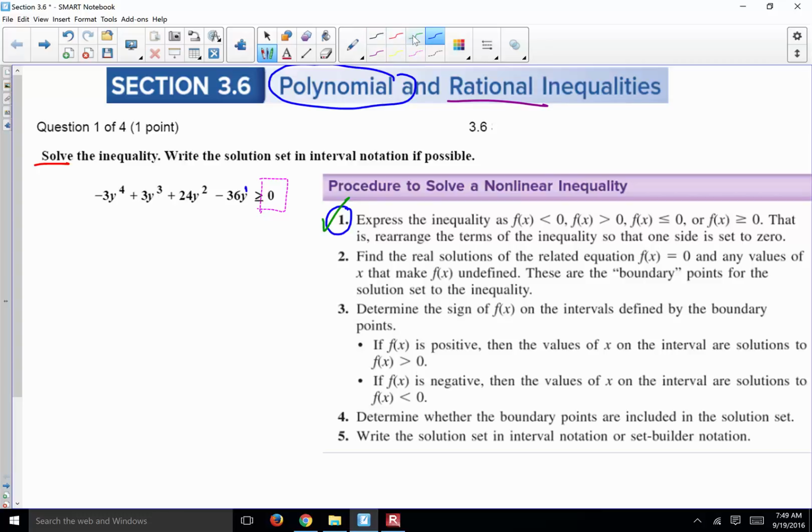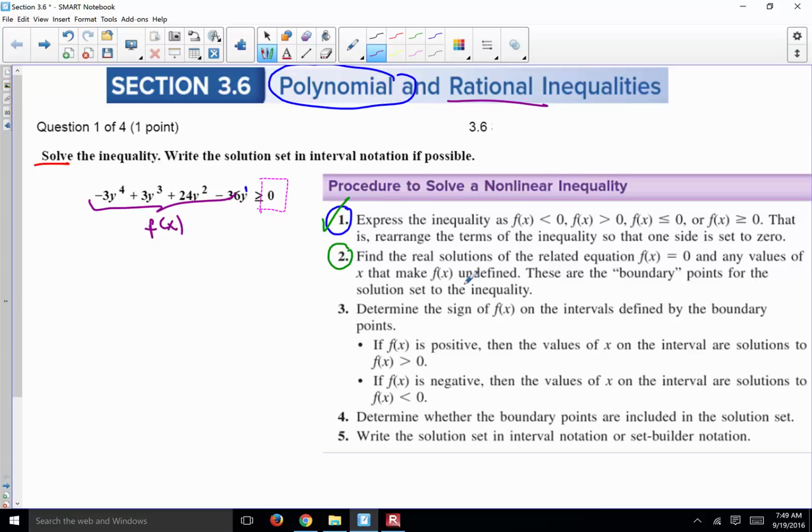Now, step 2 is, although it doesn't give us much detail, we need to determine some boundary values. But there is a pre-step. Actually, there is a step between 1 and 2 we need to do. It's called factoring. The left side is called f of x.